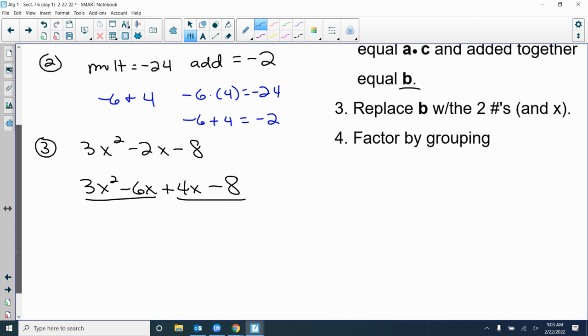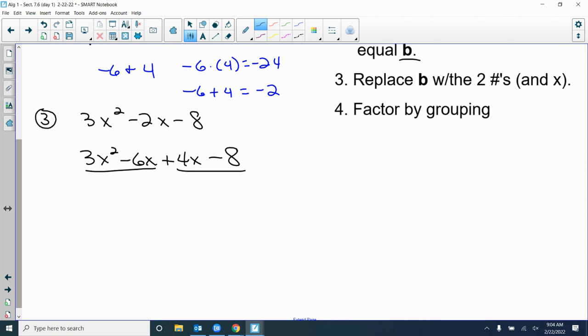Would it be 3, what else? x squared? Do they both have an x squared? Oh no, just x. So 3x. What's the GCF for the second 2? 4x? Does that one have an x? Wait, no, just 4.